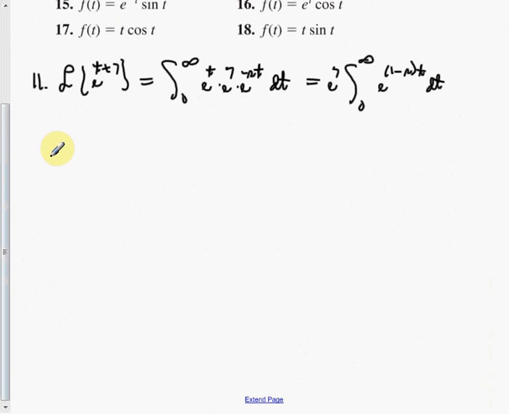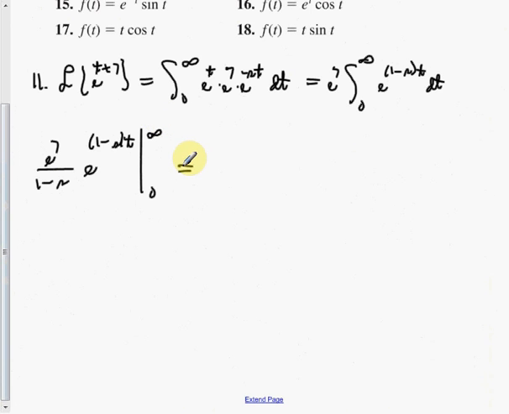All right. We integrate that. We get e to the 7th over 1 minus s, again using u du substitution, times e to the 1 minus s times t. I'm going to graduate you up to where I do the integral.